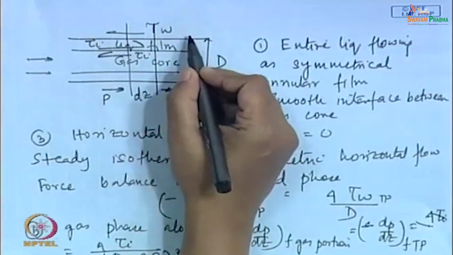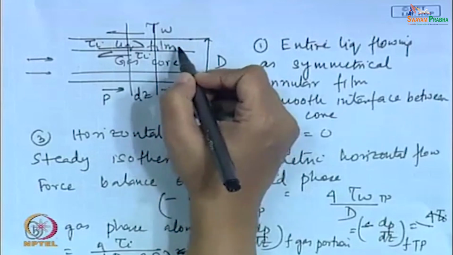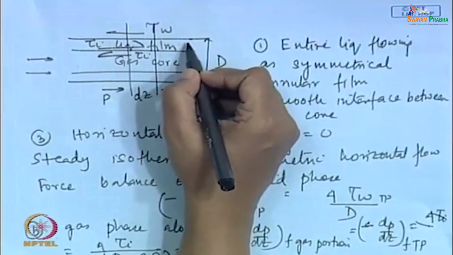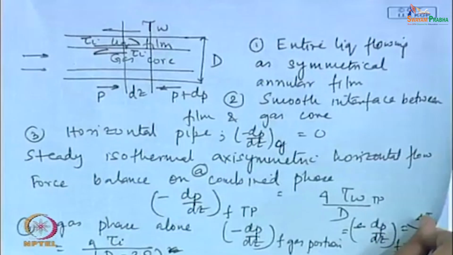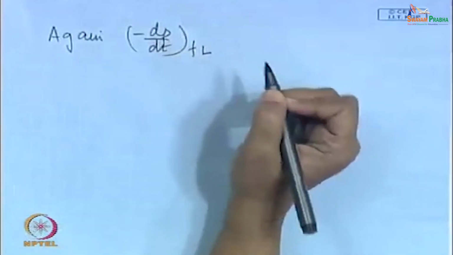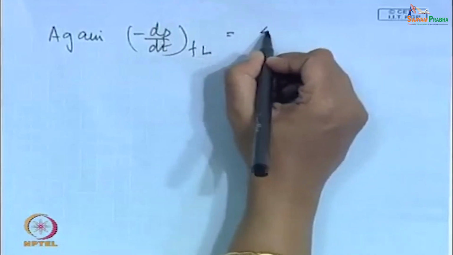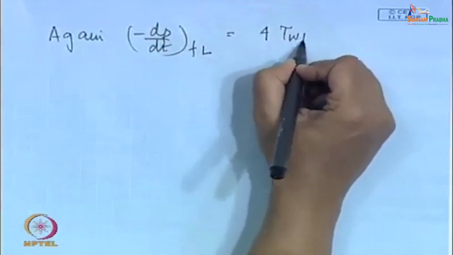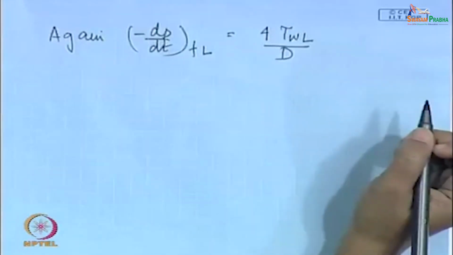Once we have the liquid flowing alone in the pipe and the liquid flowing as the film, the moment we get the two expressions of pressure gradient, we can divide one by the other and obtain phi L square. So, this dP/dz frictional for liquid flowing alone in the pipe would be equal to 4 tau W L by D.